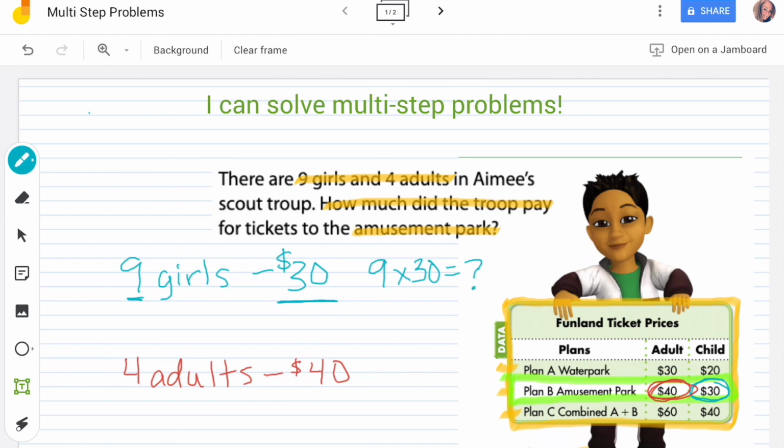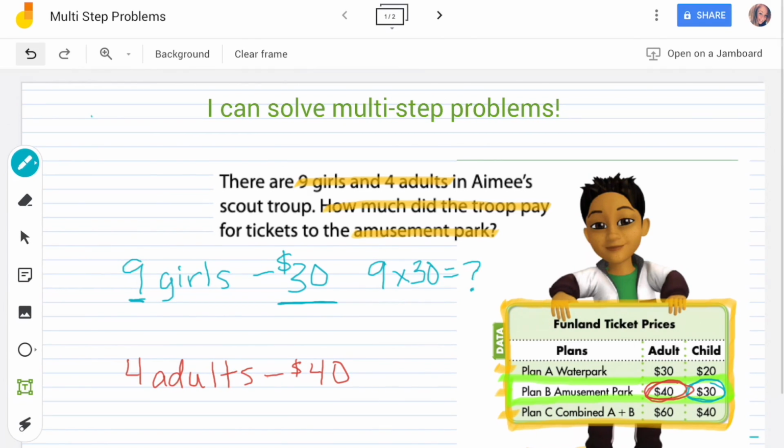I can solve this multiple ways. If I think back to number bonds, I know that there are 3 tens that make up 30. If 3 tens make up 30, I'm going to represent it this way. 10 plus 10 plus 10 gets me 30.